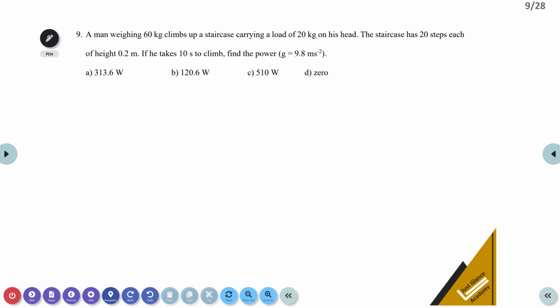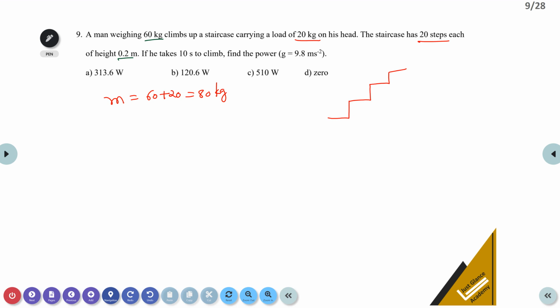A man weighing 60 kilogram, the mass of the man is 60 kilogram, climbs up a staircase using a load of 20 kilogram on his head. That means total mass becomes 60 plus 20 equal to 80 kilogram. The staircase has 20 steps, and each step height is 0.2 meter.